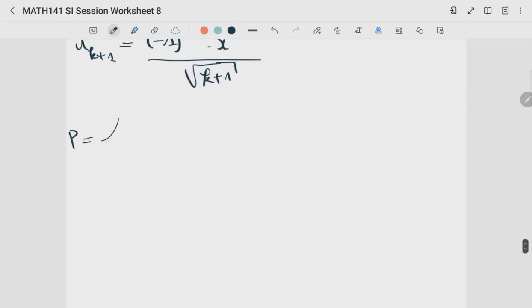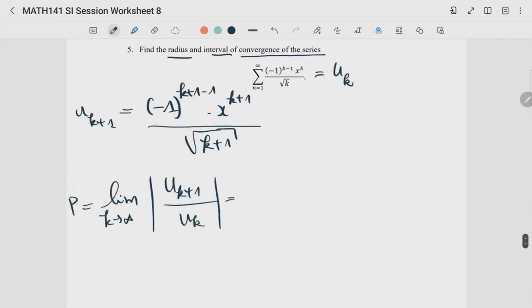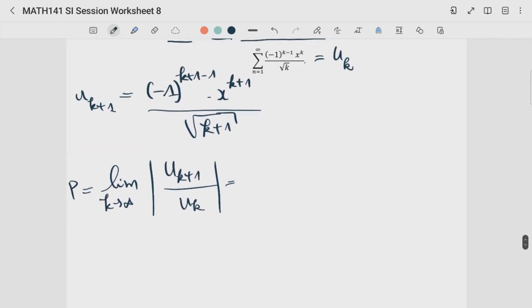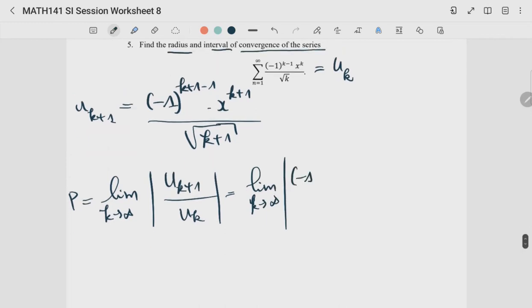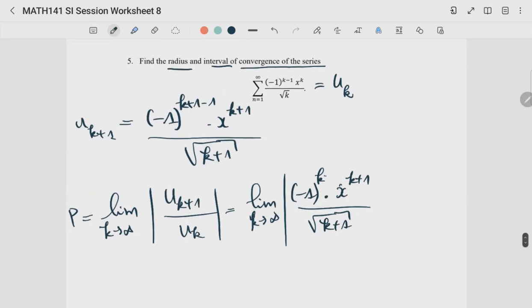Now to find our p, which is our limit as k tends to infinity of the absolute value of u of k plus 1 over u of k, we have this limit being equal to the limit as k tends to infinity of the absolute value of what? u of k plus 1 is just -1 to the k times x to the k plus 1 divided by root of k plus 1, multiplied by the inverse of u of k, which is root of k divided by -1 to the k minus 1 times x to the k, all in absolute value.